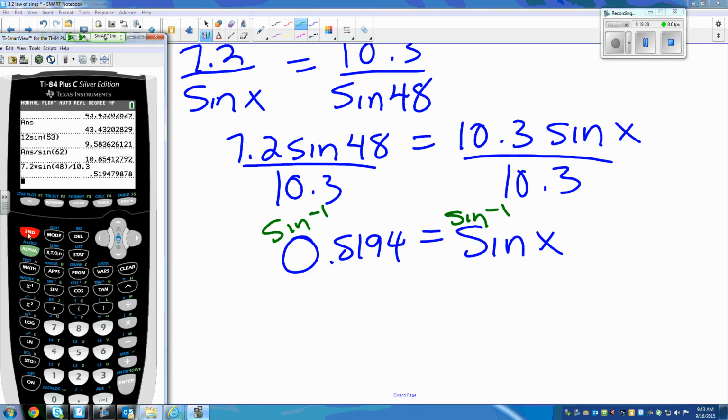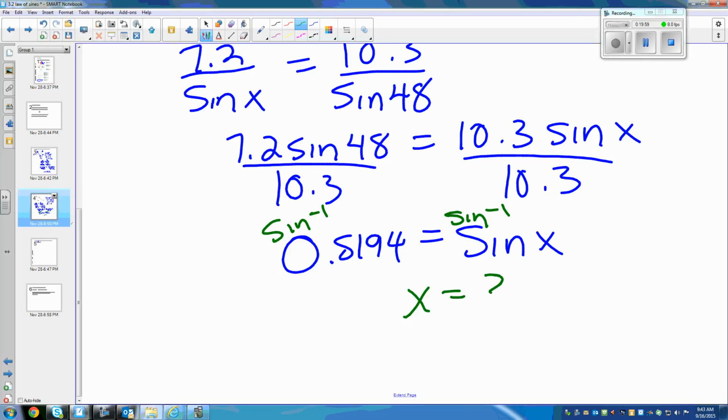So you're going to hit second sine. That brings up sine to the minus 1. And then you're going to hit second with that negative sign way at the bottom here. Do you see that? You get the answer to pop up. Hit end bracket. Hit enter. So that angle measure x, that unknown angle measure, is 31.29 degrees.